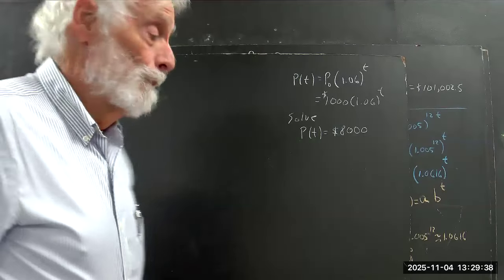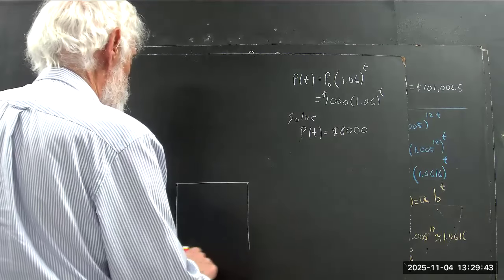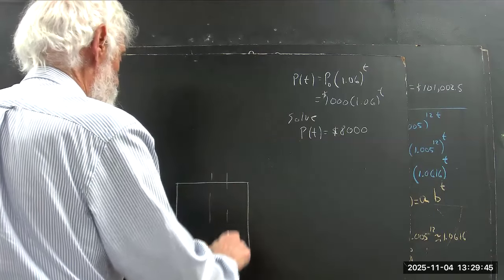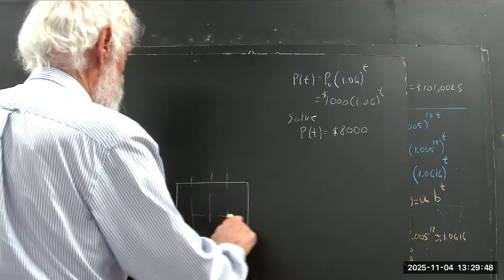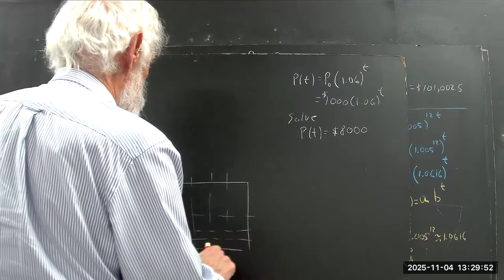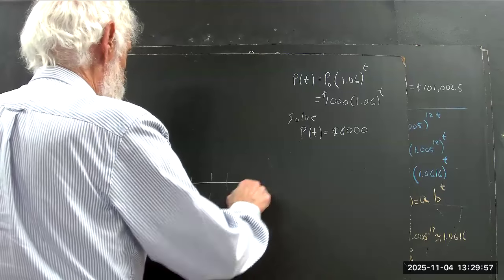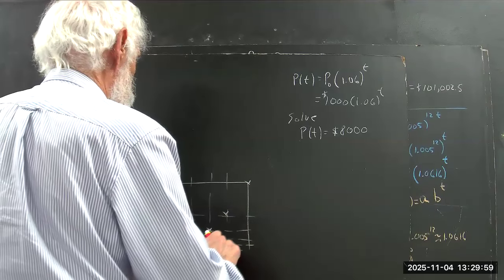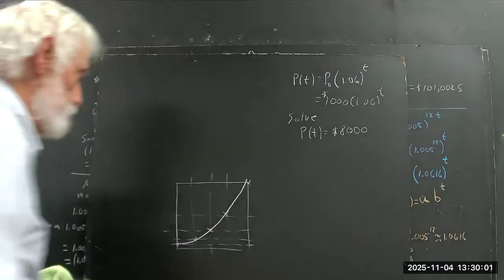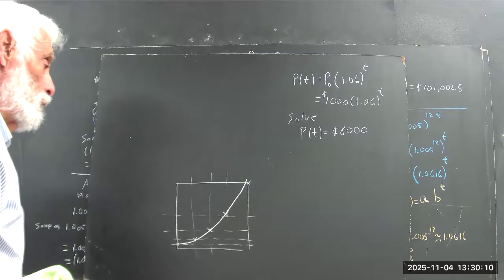Now, relating that to what you know, you know what that is. It's your basic exponential shape. We can label this any way we want.